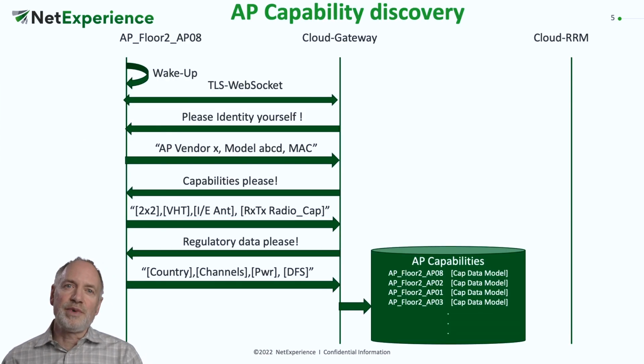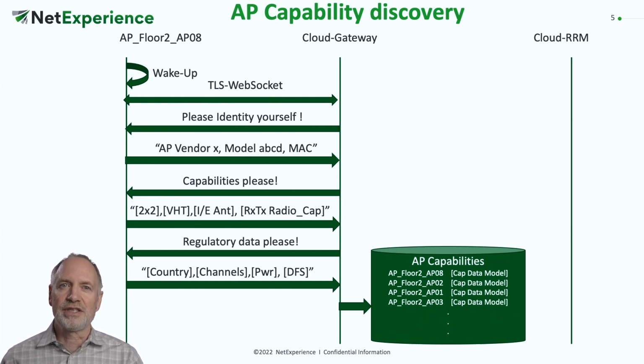In collaboration with the TIP Open Wi-Fi project, we introduced this concept of AP capability discovery. When an AP, in this example an AP located on floor 2, AP 08, wakes up, it will first establish a communication channel to the cloud.